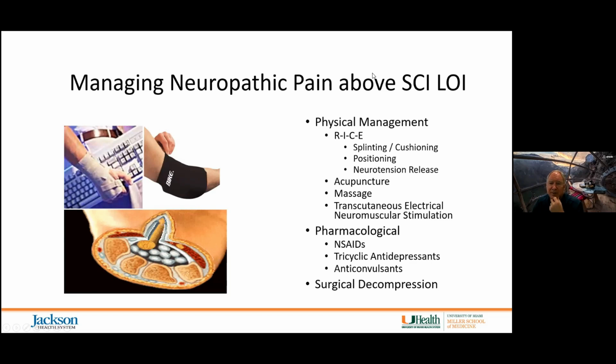So managing neuropathic pain above the level of injury. Again, typically we use these things, and I've talked through these last week to a large extent. We're going to, as much as possible, try to prevent.